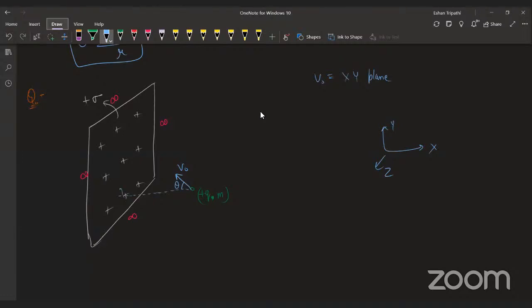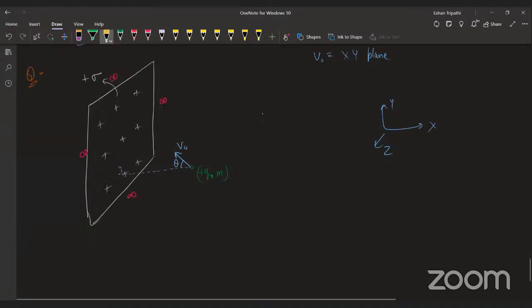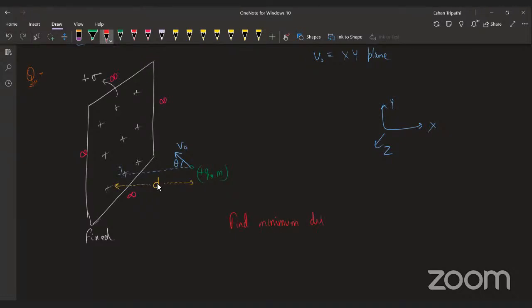So you are supposed to find, if I say that the original distance between them is D, and anything else I need to give? No. This sheet is fixed, nothing else. So you are supposed to find the minimum separation between them. Find minimum distance between charge and sheet.